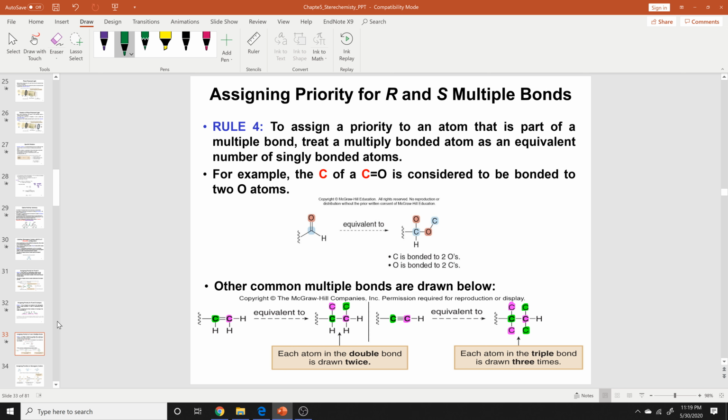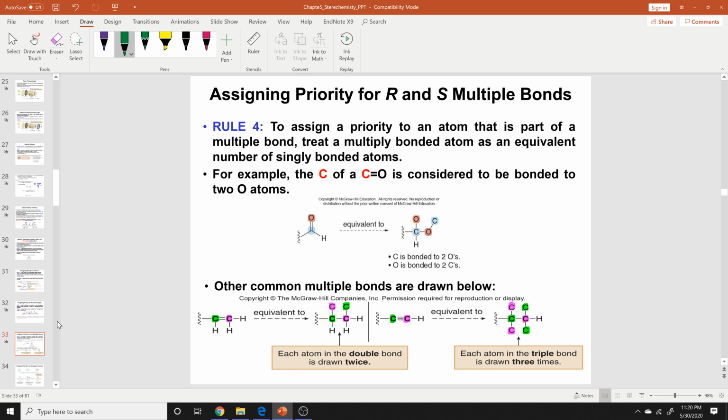See? So the carbon here is connected to 2 oxygens and the oxygen is connected to 2 carbons. So when you set your priority, instead of writing it like this, a carbon double bond carbon, you simply write it like that, so that when you go one atom at a time, you can easily figure out your atomic number and your priorities in this case.